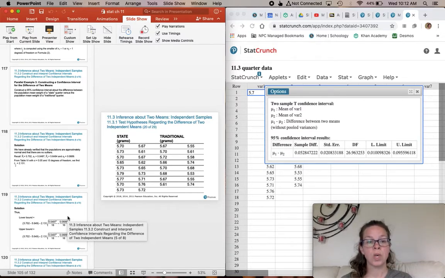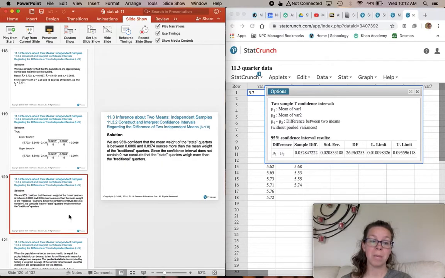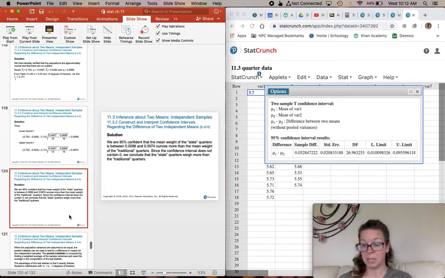So this is one of those situations where we have statistical significance. We do have enough evidence to believe the state quarters are heavier. How much heavier? Not enough to really matter when you're carrying them around. Now, I mean, does it matter for like the US Mint? If they're heavier, that means they're probably using more material.